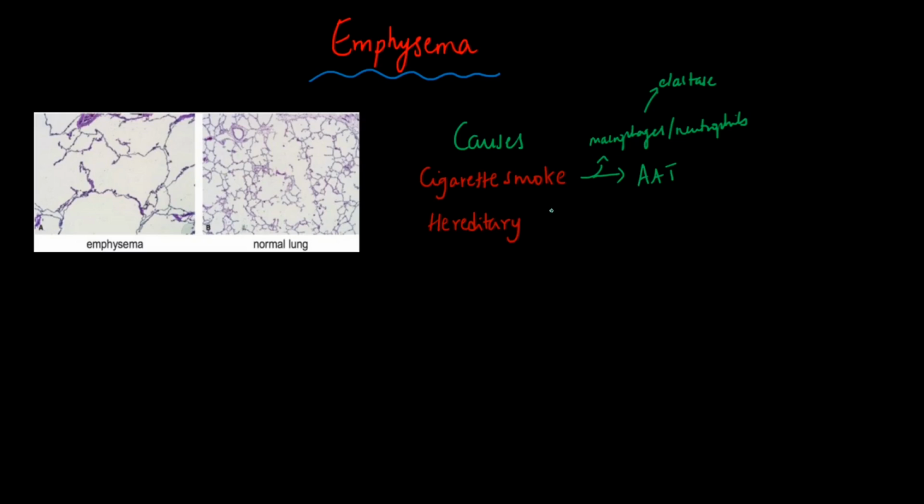Along similar lines, alpha-1 antitrypsin deficiency, which is an autosomal codominant condition, you have too little of the normal alpha-1 antitrypsin, thereby leaving the neutrophil elastase to eventually cause emphysema. And unsurprisingly, if these people who have the deficiency smoke, the emphysema onset is a lot quicker.